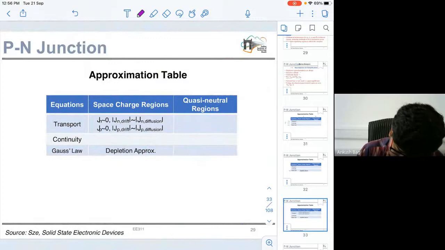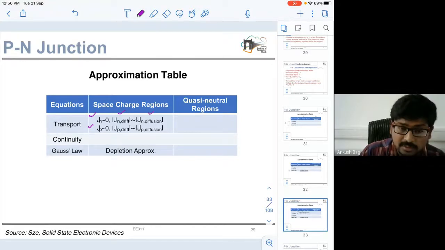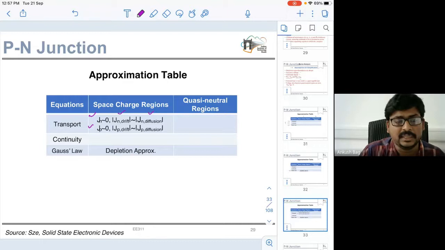Individual Jp and Jn will be close to 0. Why? Because the Jn drift and Jn diffusion values are very close. Although under bias condition this diffusion will be more than drift, still the deviation is not that high in the space charge region.